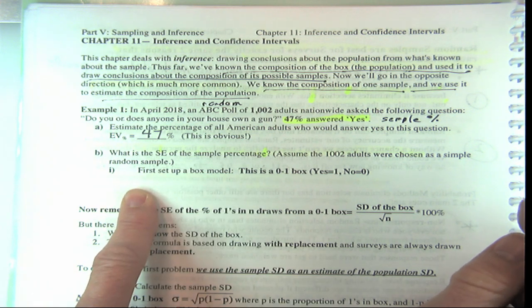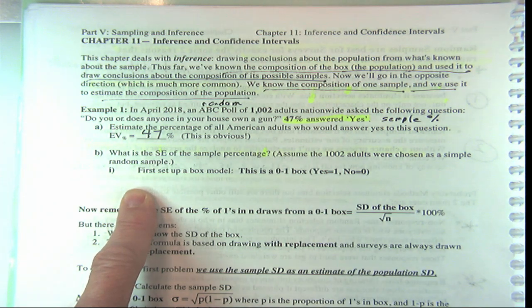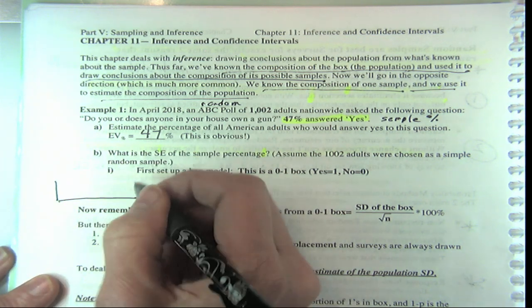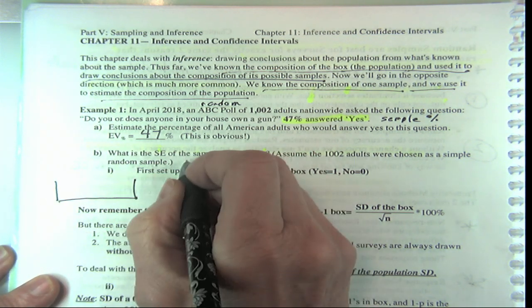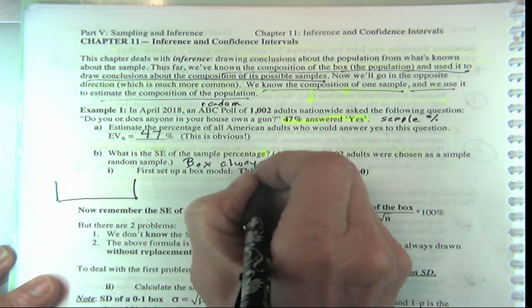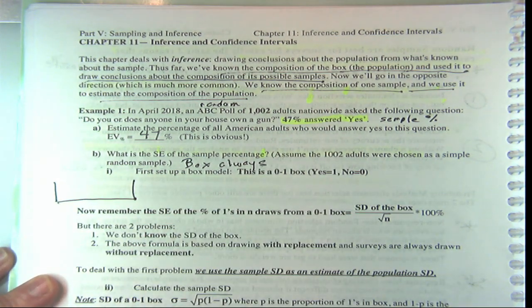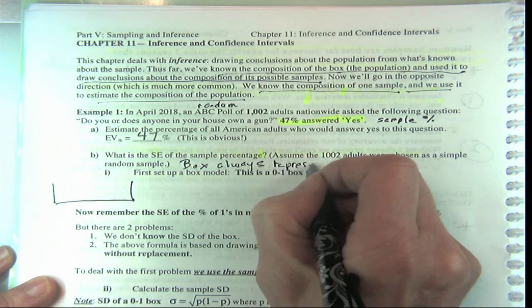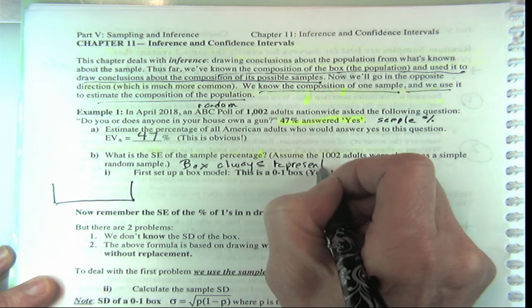So let's think about this. We'll set up a box model. Now remember, we don't know what's in the box. But the box always represents the entire population. It's our probability model. It always represents the whole population that we're interested in, that we're sampling from.